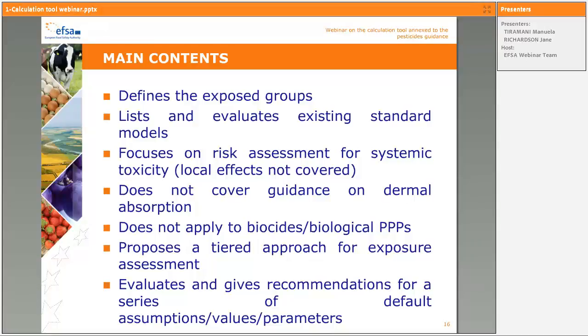This calculator and the guidance also do not apply to biocides and biological plant protection products, because the database on which the entire work is based is for chemicals mainly, and for pesticide chemicals. You might have seen that the guidance includes a number of recommendations for future work, but also a huge number of default assumptions, values, and parameters that have been included in the calculator.